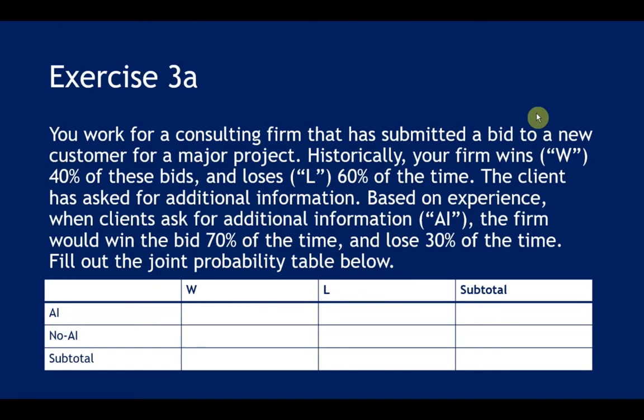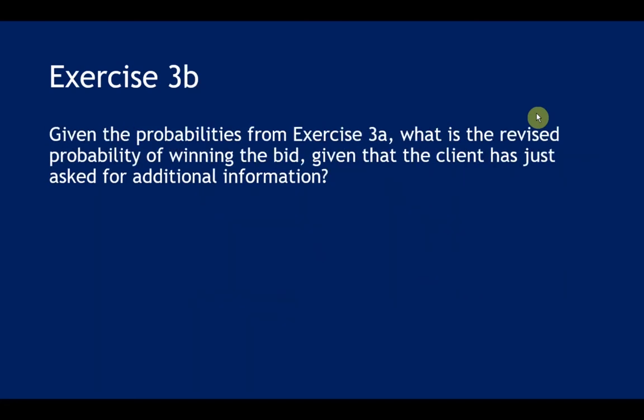Based on experience, when clients ask for additional information, which is called AI, the firm will win the bid 70% of the time and lose 30% of the time. Fill out the joint probability table below. Once you have the joint probability table, what is the revised probability of winning the bid, given that the client has just asked for additional information?